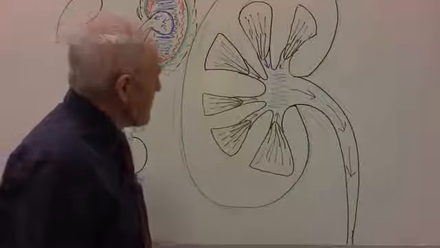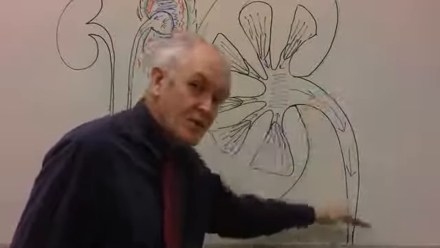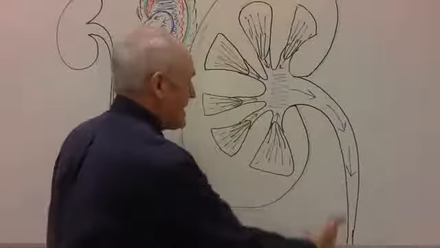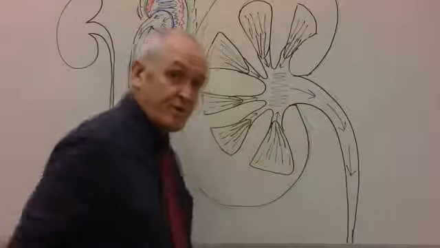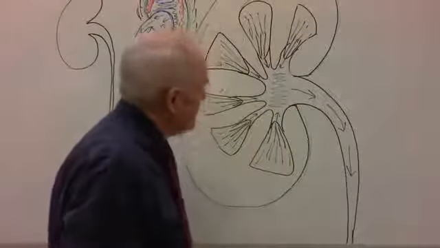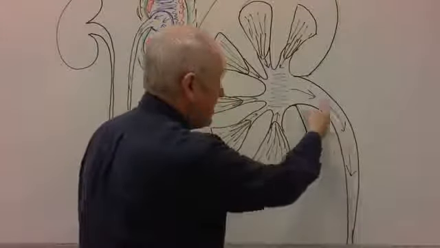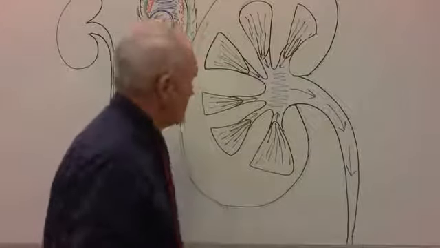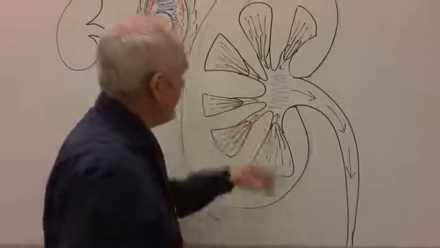Now, urine is supposed to flow down that way, and that's good because that washes all the bacteria down. This area should be sterile, so hopefully there shouldn't be any bacteria. But occasionally bacteria from an ascending infection can get up the ureters and colonise the calyces and the pelvis.